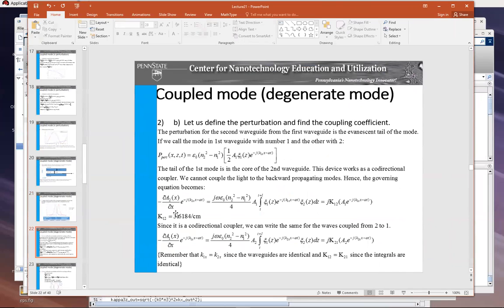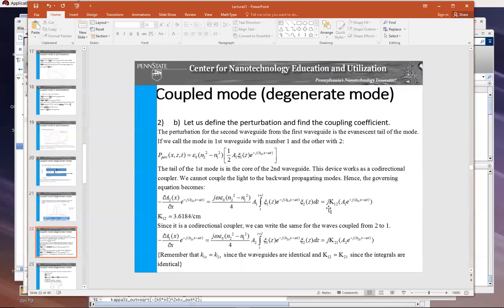We cannot really excite the backward propagating modes, so we'll only be interested in the positively propagating modes, which have the same phase information here and there on both sides. That's why we're left with this, and the tail of the evanescent wave in the input waveguide, the first waveguide, will perturb the mode in the second waveguide. So that's why this is written as n2 squared minus n1 squared.